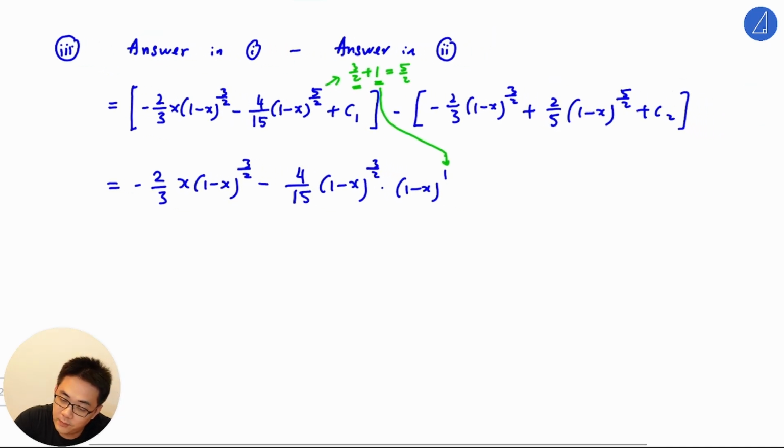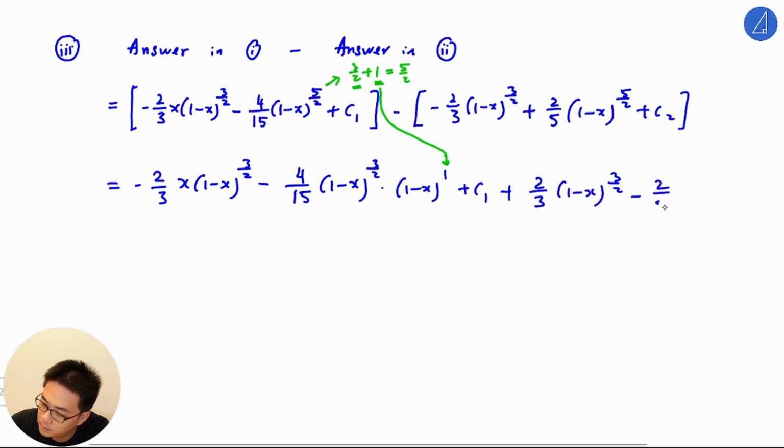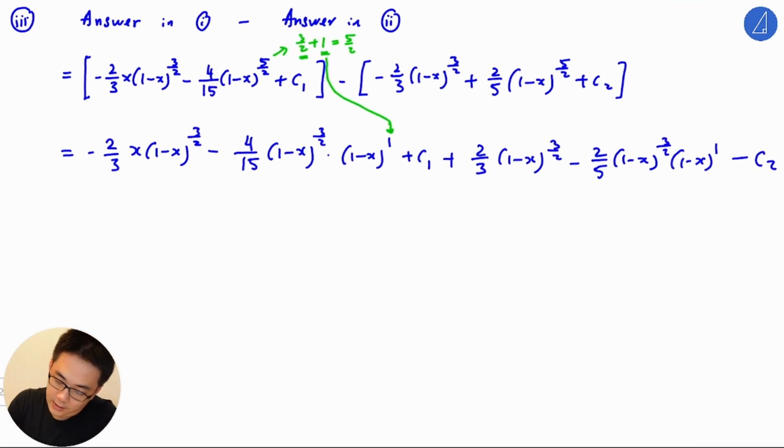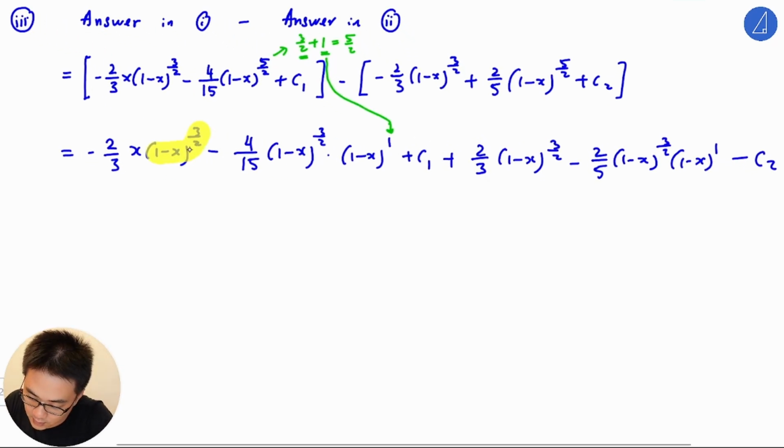Then same thing, I'm just going to factorize the 3/2 out. So there you go, these are the same stuff.